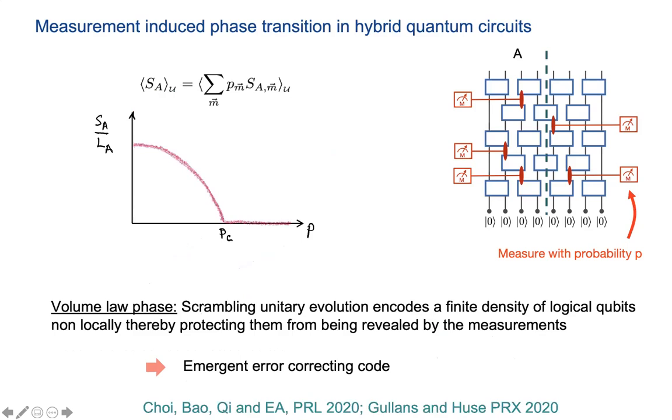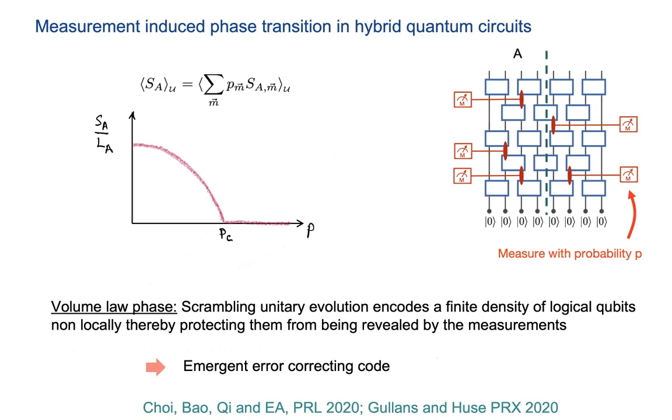It's a little bit more interesting. It's not just a competition between measurements that disentangle and unitaries that entangle. The real competition here, it turns out, and what makes the volume law phase stable and not collapse immediately at any small measurement rate, has to do with error correction.